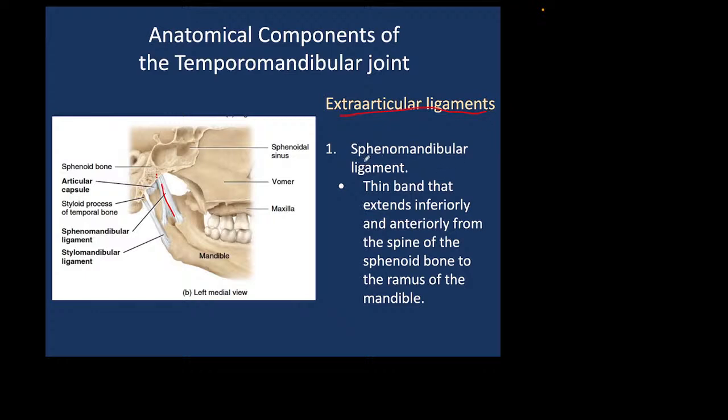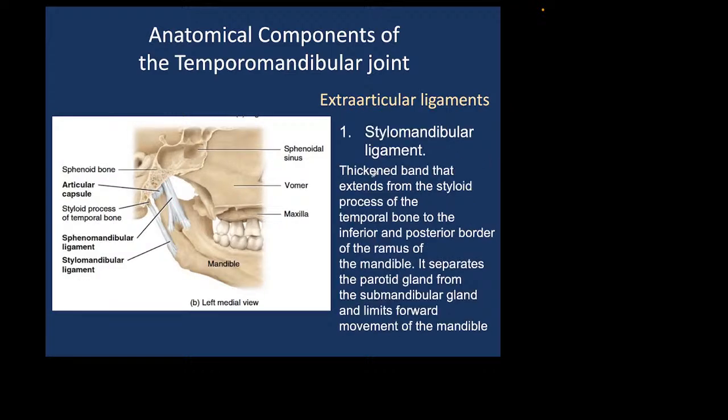One of them is the sphenomandibular ligament, and another extra-articular ligament is located between the styloid process and the angle of the mandible, and this ligament is called the stylomandibular ligament.